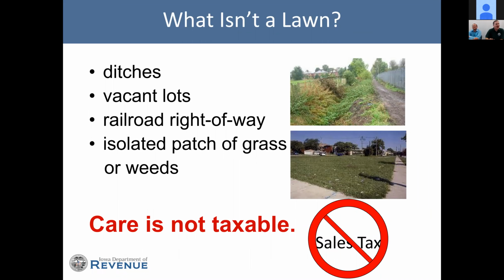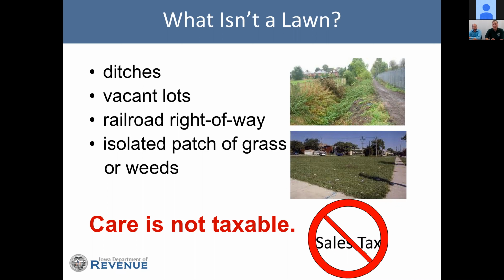What is not a lawn? Some of these things are not considered to be a lawn. A ditch that's just overgrown that somebody may mow once in a while is not considered to be a lawn for purposes of sales tax. Any type of vacant lot that just sits there, empty. Railroad right-of-way, not considered a lawn. Any isolated patch of grass or weeds.